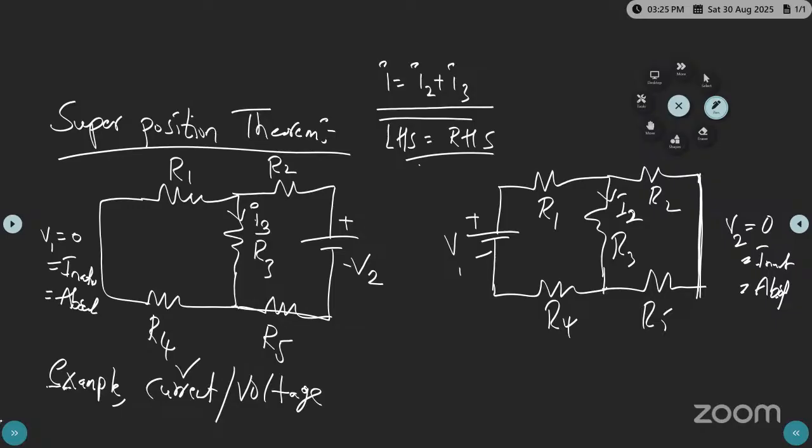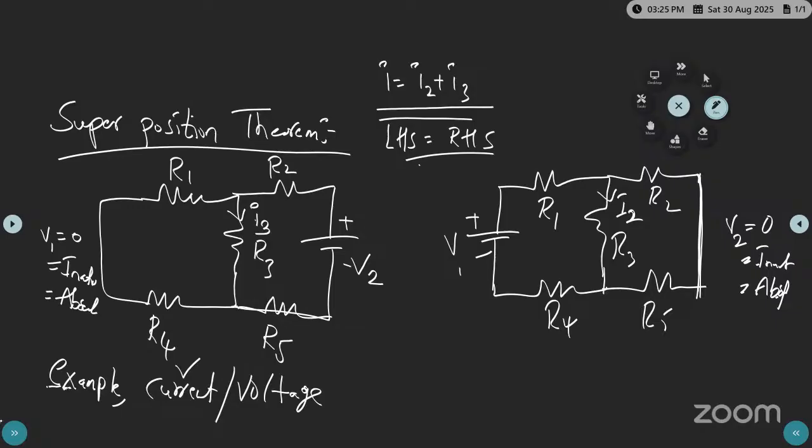Add both currents. V1 is active, what is the current? V2 active, what is the current? Add both currents, I2 plus I3. That is becoming I. LHS is becoming RHS. What is meant by RHS now? By considering only single source, what is the current in the same element?